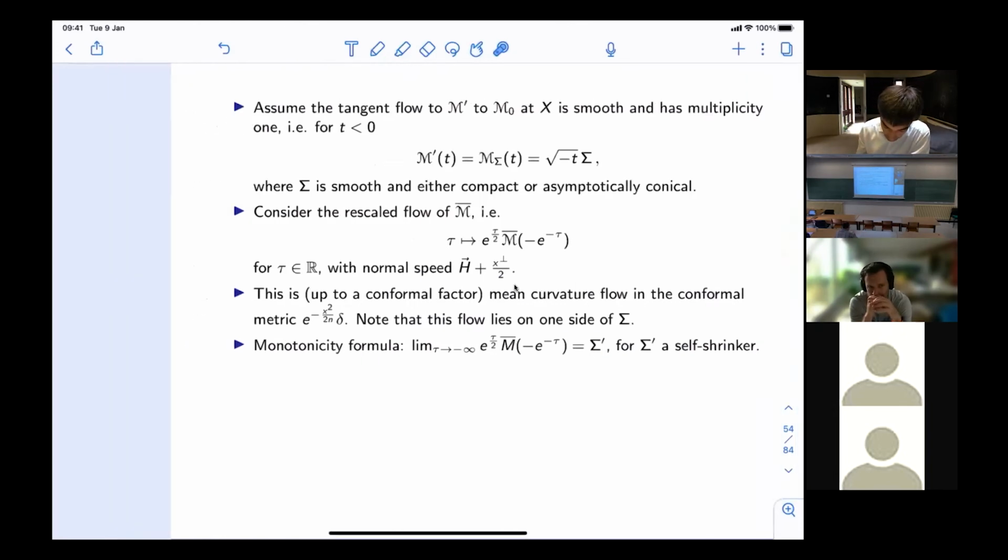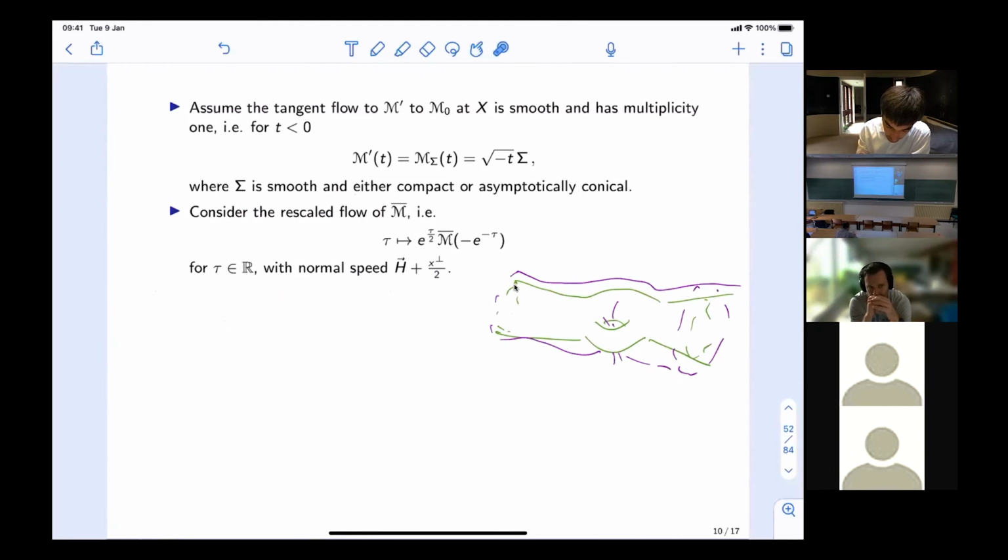So in this picture here, this flow, as you go with tau to minus infinity, will converge to another self-shrinker. So a minimal surface in this Gaussian metric, but this minimal hypersurface has to lie outside, so it can't intersect. Either it's equal, or we don't know this, but it has to lie on one side of this shrinker, because the whole flow is on the outside of this minimal surface here in this Gaussian metric.